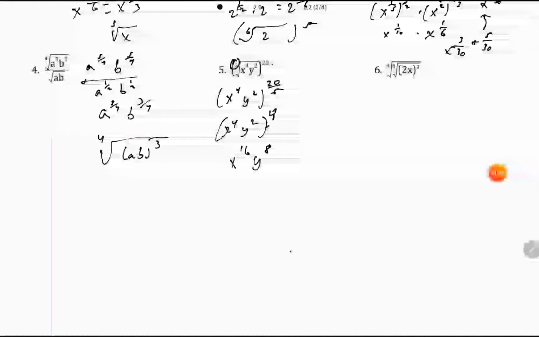Okay. Number 6. The 4th root of the 3rd root of 2x squared. So to translate this, we're starting off with 2x to the 2/3, and then afterwards we do it to the 4th.